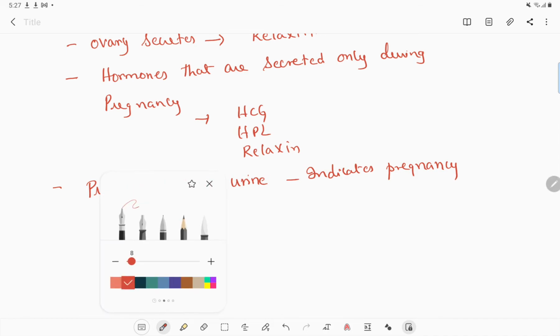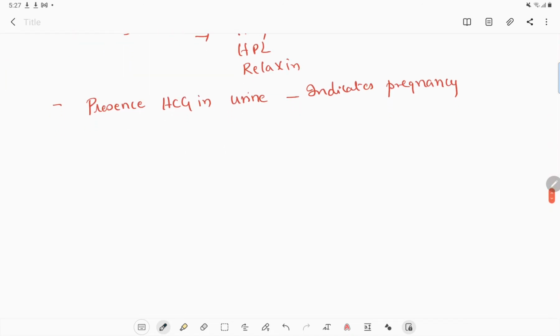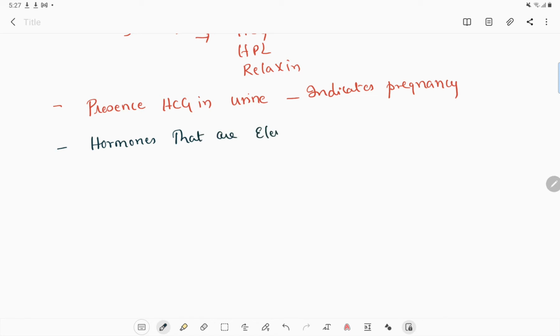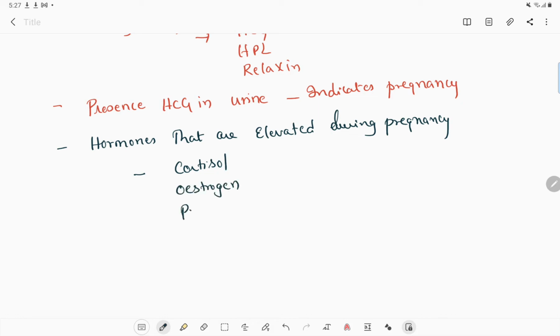Then what are the other hormones? Hormones that are elevated during pregnancy, not secreted, but elevated, increased. What are the hormones that are elevated during pregnancy? Like cortisol, estrogen, progesterone, prolactin, and thyroxine.